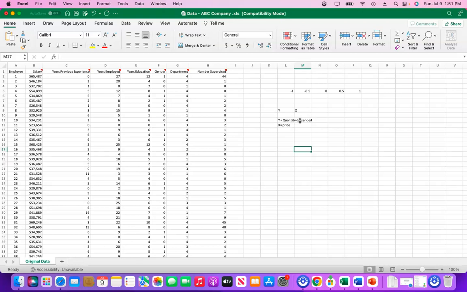Always, quantity demanded by the consumers has an inverse relationship with the price, because the higher the price, the lower the quantity demanded, because it reduces the purchasing power of the consumer.